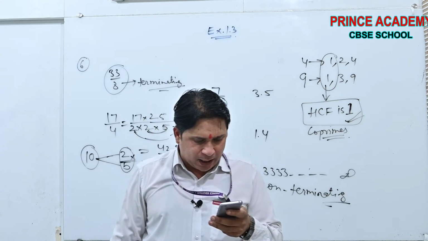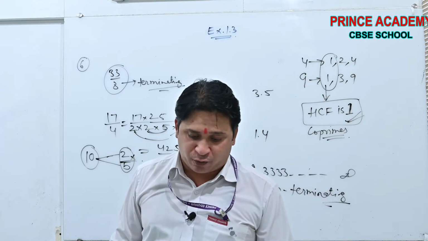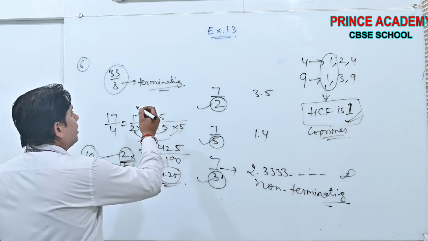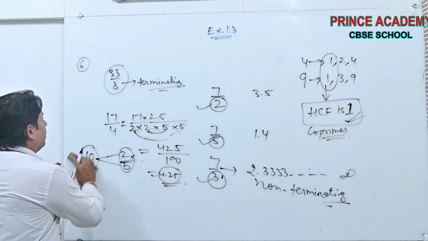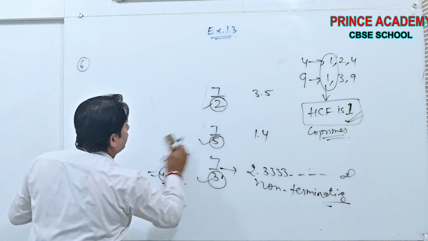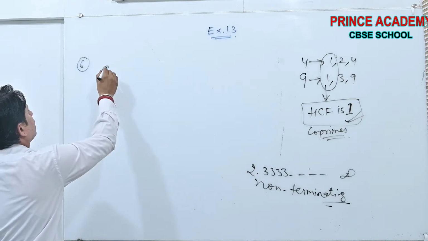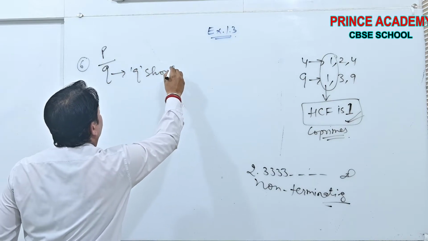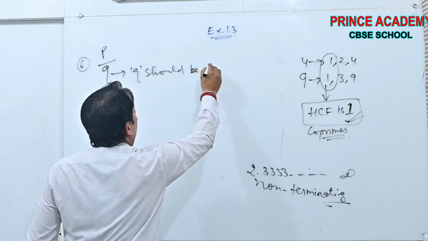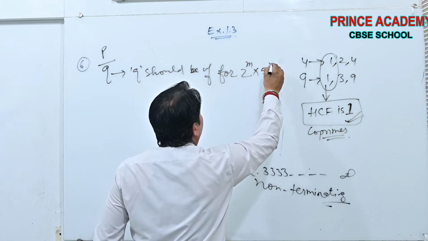Now see, having terminating decimal representation, can you guess the property Q must satisfy? See beta, take the screenshot of it. Done. Now see beta, what is the comment on Q? What can you say about Q? See beta, P by Q, here Q should be of the form 2 raised to power m into 5 raised to power n.